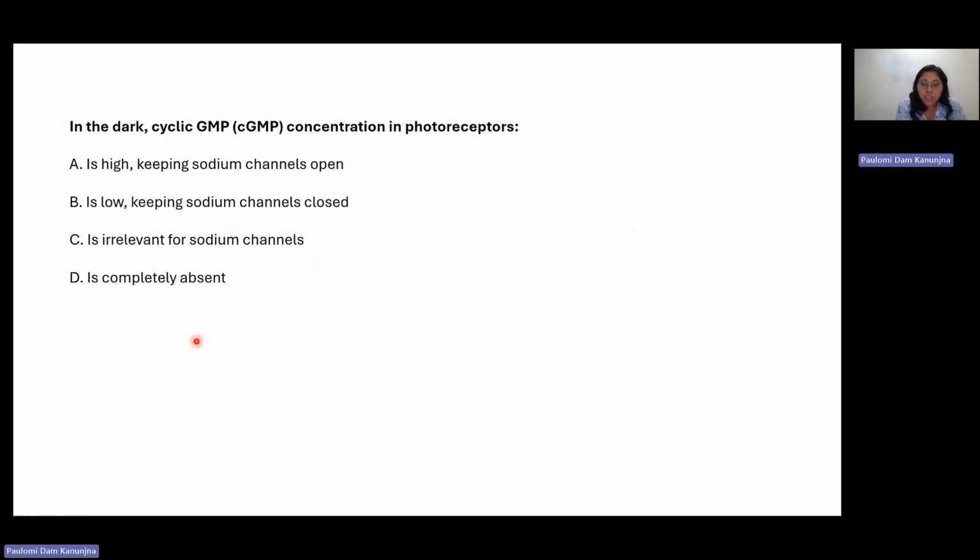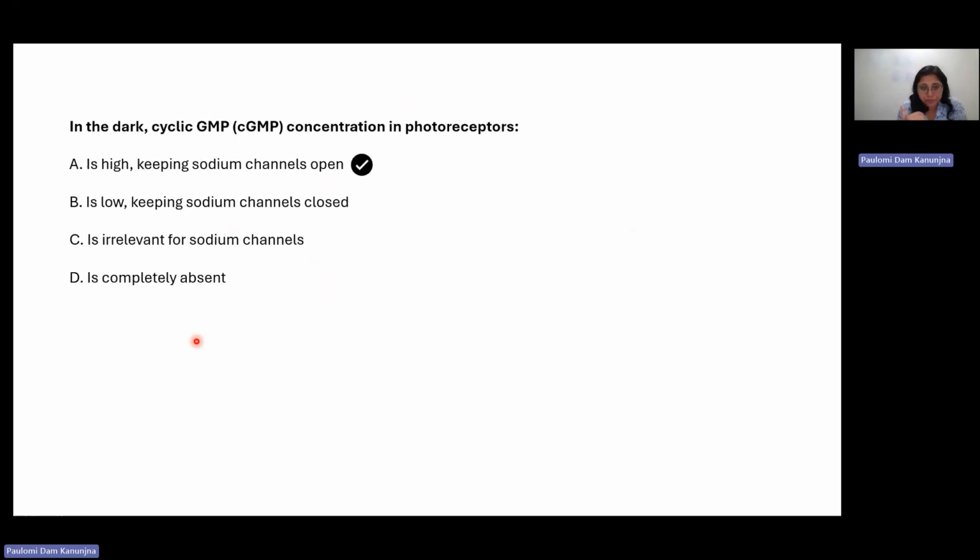Fairly simple. You just need to focus on what exactly is happening in that phase. And we have discussed that it would be high because it is needed for keeping the sodium channels open, right?